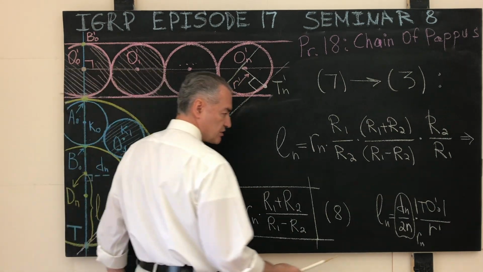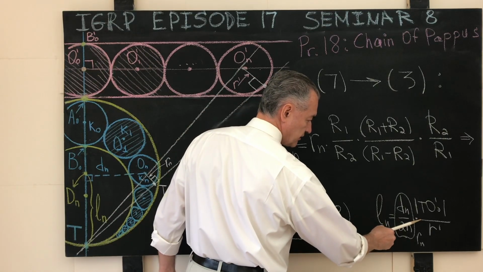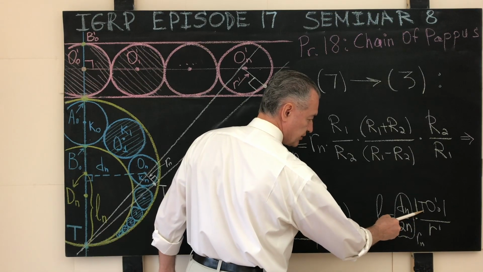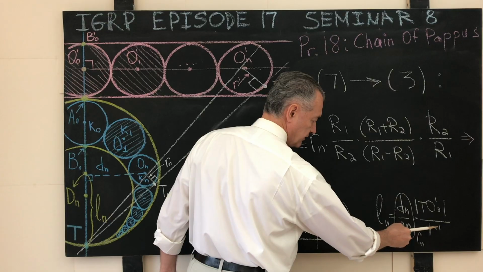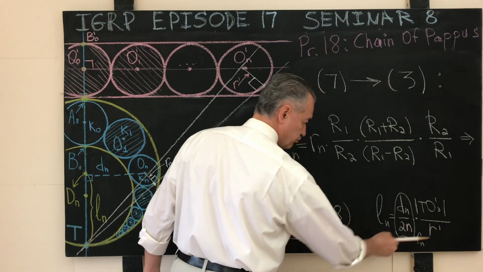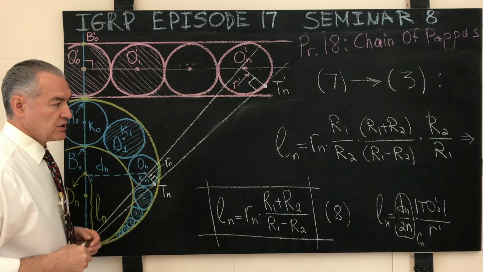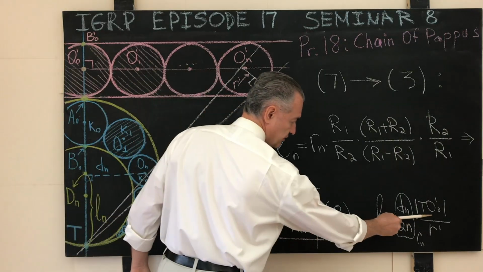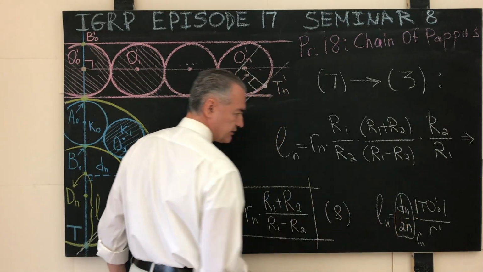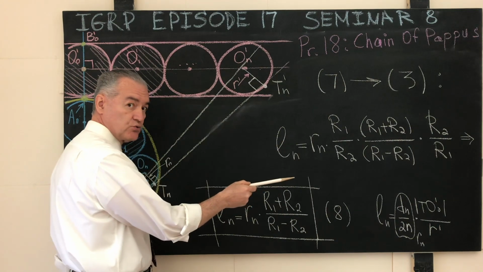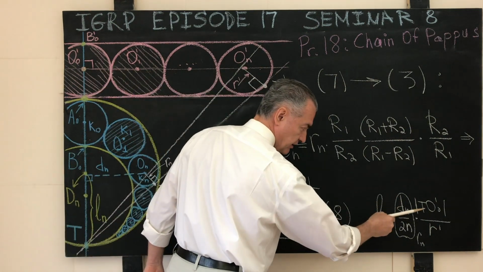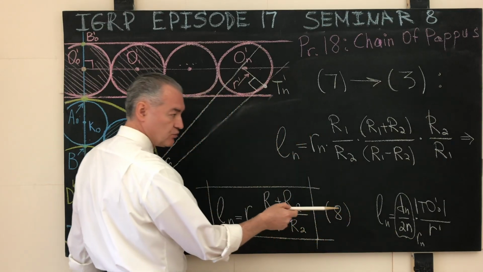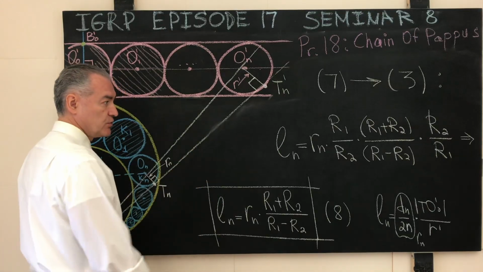That was an amazing relationship that we established a few minutes ago, and then that relationship was multiplied by the distance from the point T to the point O prime 0 and divided by the radius r prime of any circle that we picked from the family of inverted circles. So for this distance, we remember we had r1 divided by r2 times the sum of the radii r1 plus r2, and for the radius r prime we have r1 divided by r2 multiplied by the difference. So this is all we do over here.